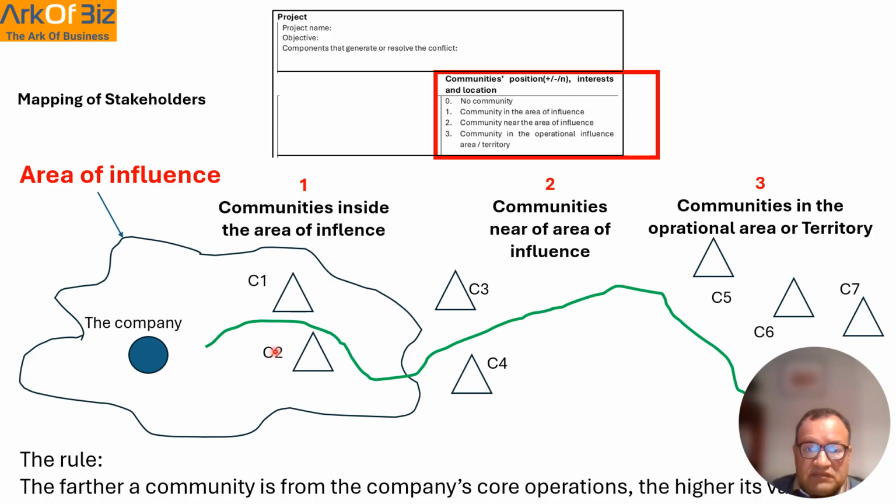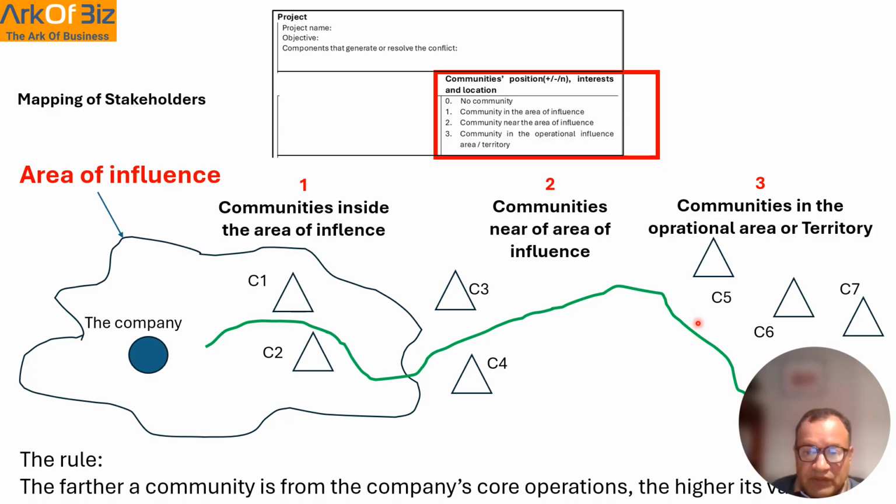And then there are communities near the area of influence, but usually not considered for social projects by the company. For example, Community 3 and 4. These communities are assigned a value of 2. Finally, some communities are far away, but they still experience impacts, especially from the company's logistic operation, mineral transportation, and storage and export facilities.